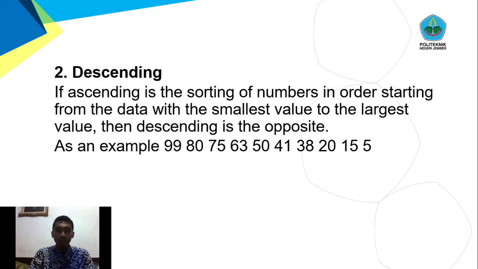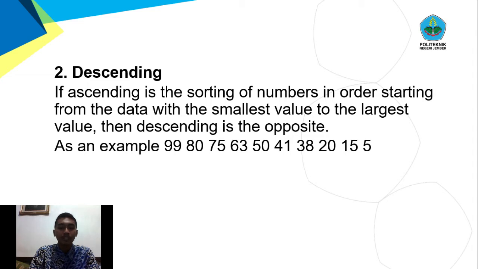As an example, 99, 80, 75, 63, 50, 41, 38, 20, 15, and 5. The example above is a descending sort. The data is sorted starting from the largest value, 99, until the data with the smallest value, 5.